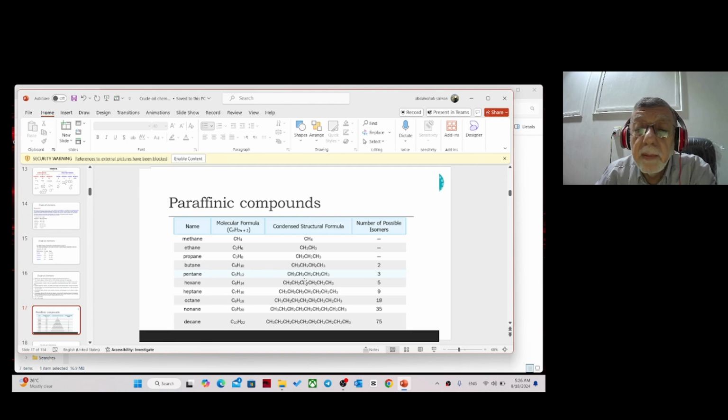So now if we come here, it starts from 1 carbon, 2 carbon atoms, 3, 4, 5, 6, 7, 8, 9, 10, 12, 20, 30, 100, 1000, maybe more than 1000 carbon atoms, and there is also hydrogen. So the number of hydrogen is equal to the number of carbon atoms times 2 plus 2.